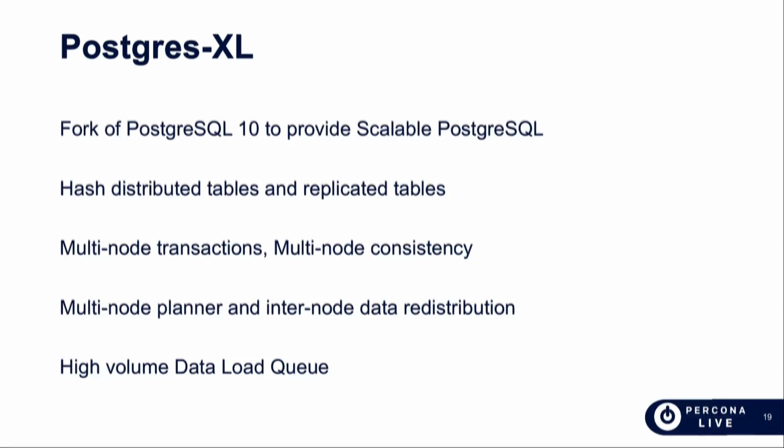So it includes a number of different features that are not yet available in Postgres core and won't be for some time. And that's why you see work being done outside of Postgres core to support these additional MPP capabilities.